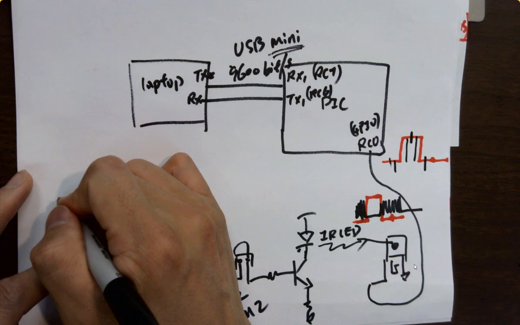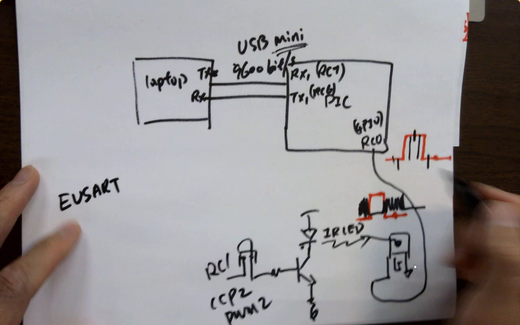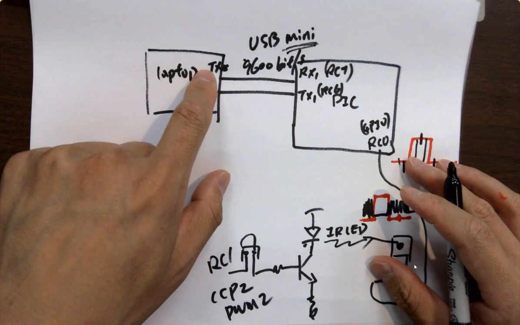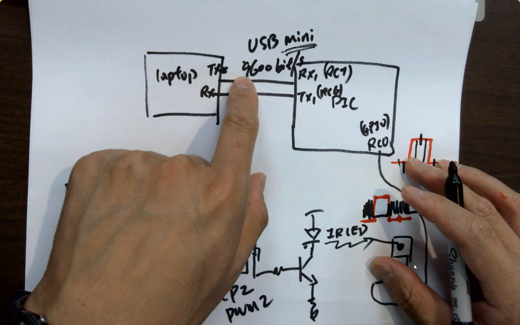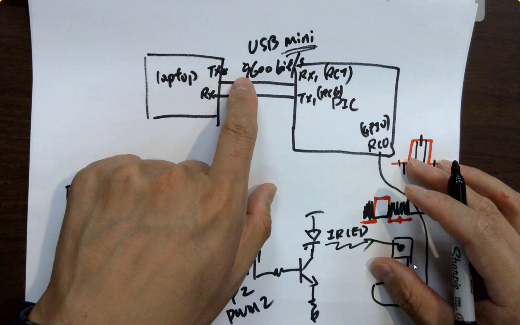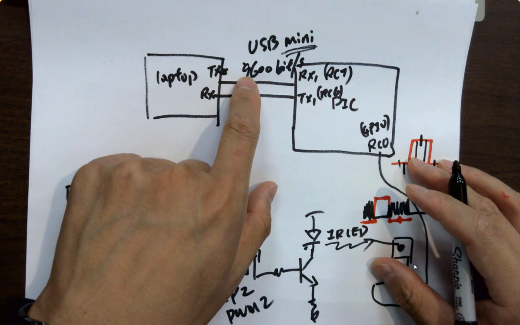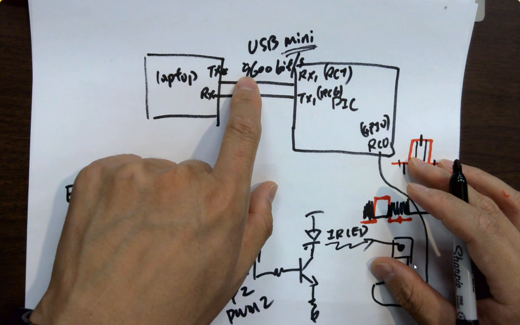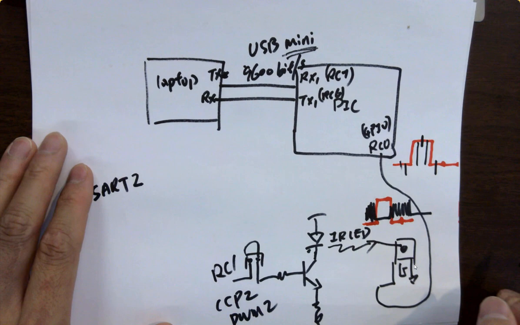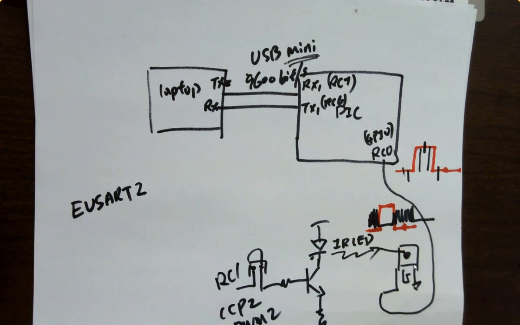Okay. Now let's introduce EUSART2. Why? UART1 is getting occupied by PuTTY, by the cable. Which cable? USB? Micro, mini. Mini. Is that all connected now?